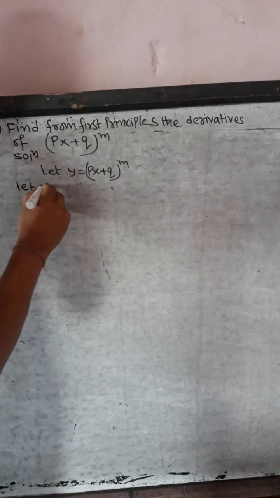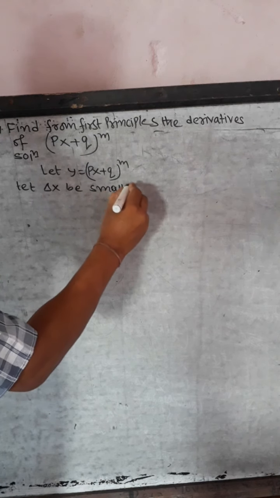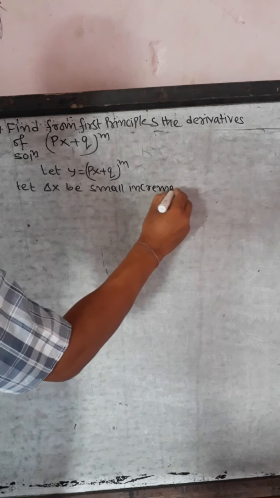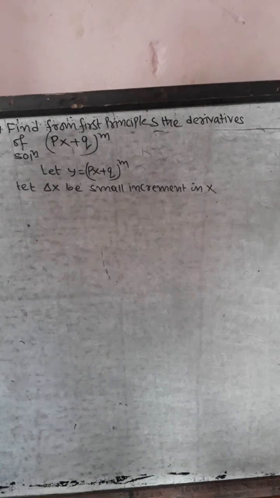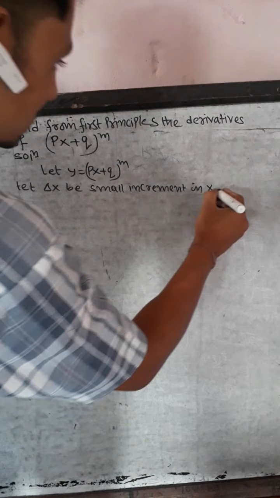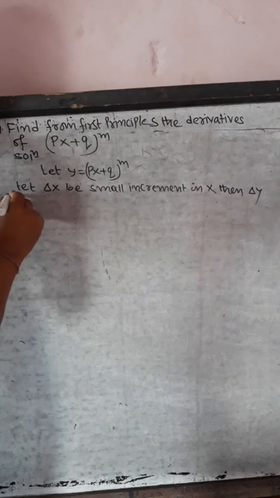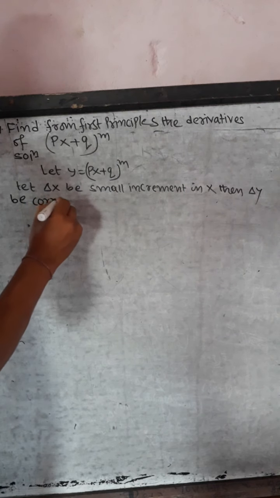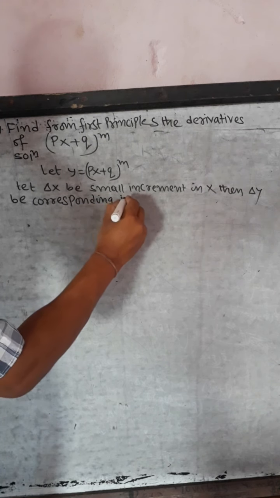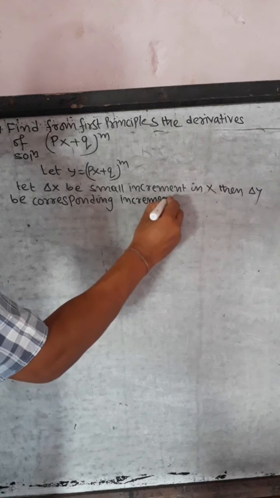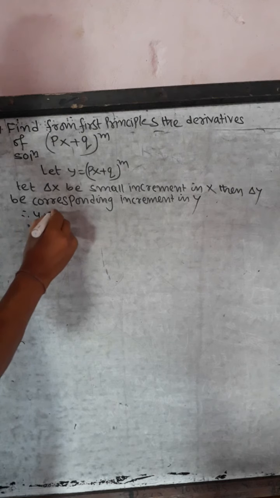Let del x be a small increment in x, then del y be the corresponding increment in y. First, find y plus del y.